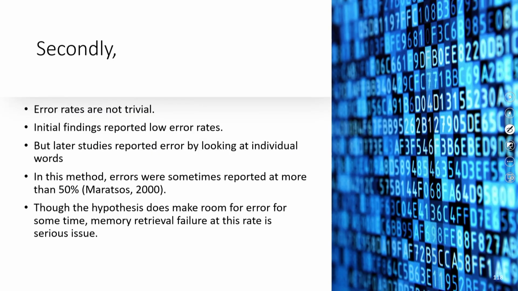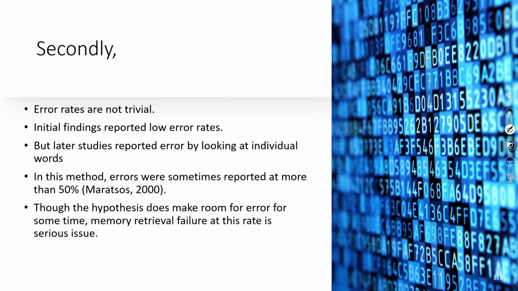That was one problem. Problem number 2 was that errors were not trivial, errors were quite high. Because the dual root hypothesis does make some room for errors, because the children are still figuring out the irregular forms and all that, but it does not predict a very high error rate. Of course, error rates are expected. So, some of the initial studies reported a very low error rate, say 3% or something.